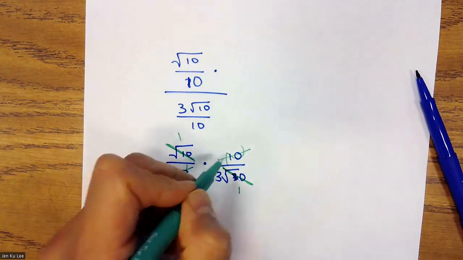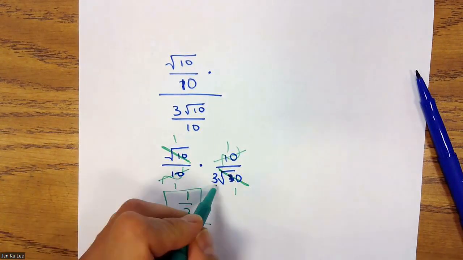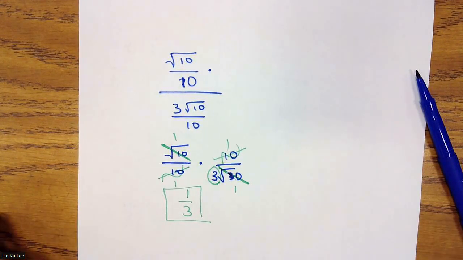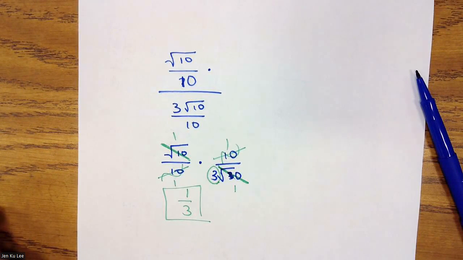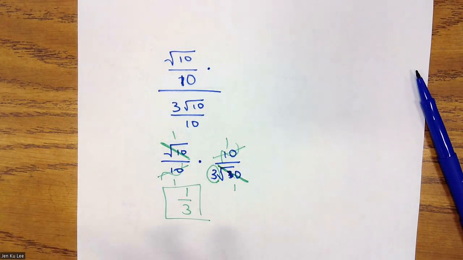That would be 1, 1, 1, 1. 1 times 1 is 1. 1 times 3 times 1 is 3. Cool? Questions on this?